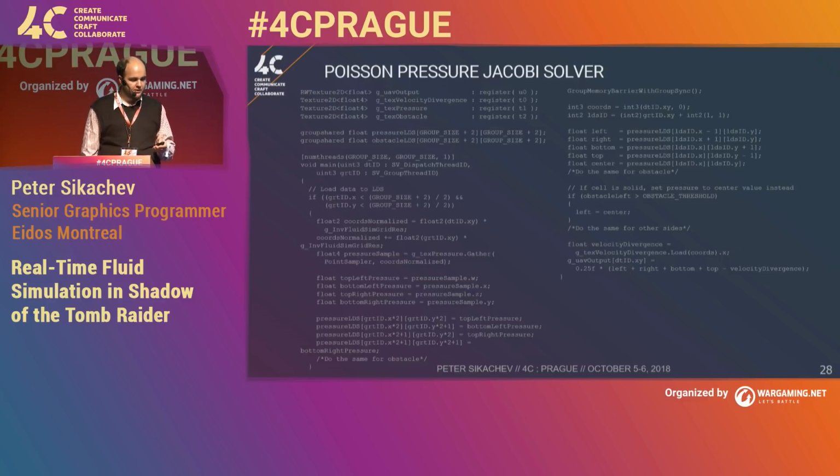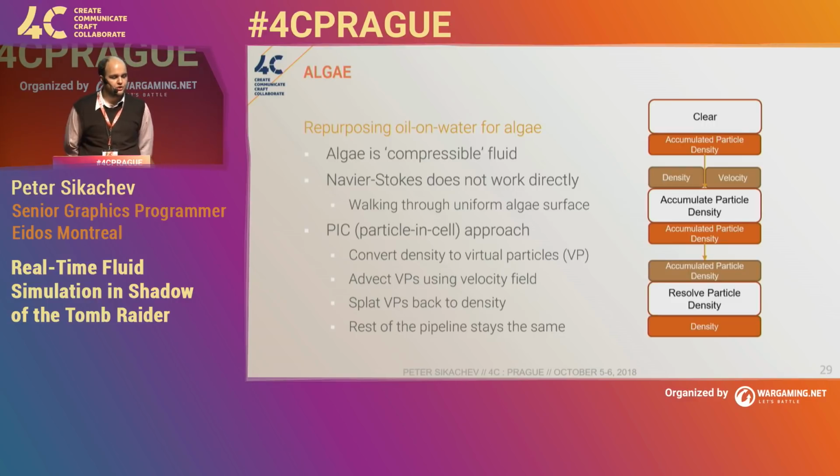And I will go to the last topic in the simulation, which is algae rendering. After we shipped the oil simulation, our department came to us and said that they'd really want to use it for algae. I immediately freaked out, because algae is not a great candidate for fluid simulation.